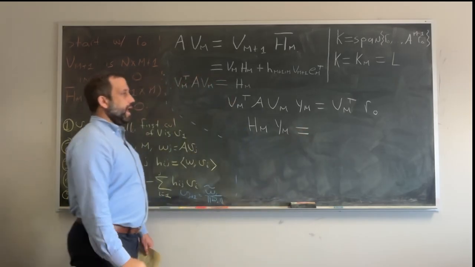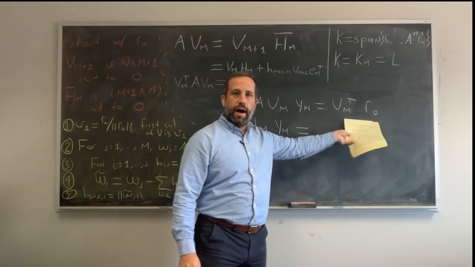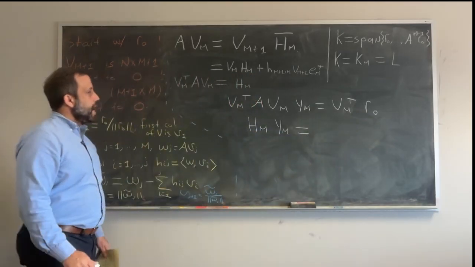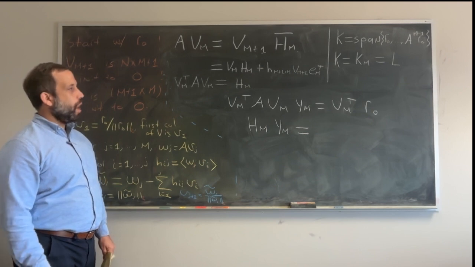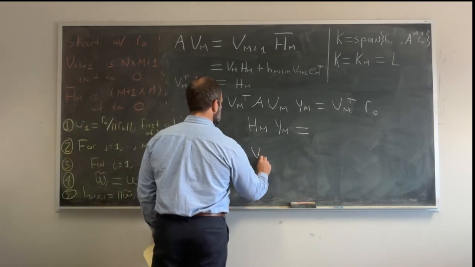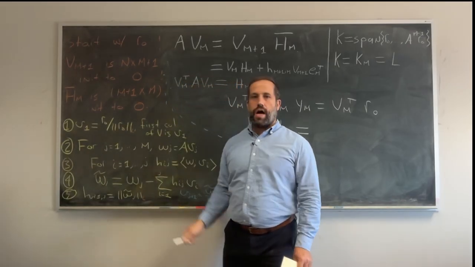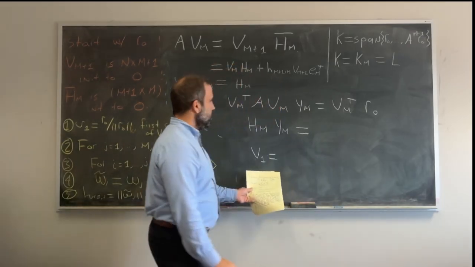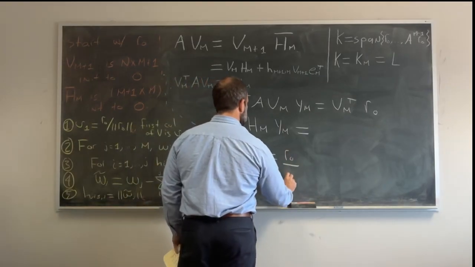Now what do we have on the right-hand side? It looks like we're going to have to be doing a matrix vector product here. But we don't actually have to do that. We know what Vm transpose times R naught is. Why is that? Well, recall that the vector V1 is just equal to R naught divided by its magnitude.